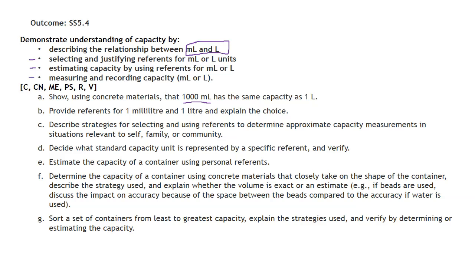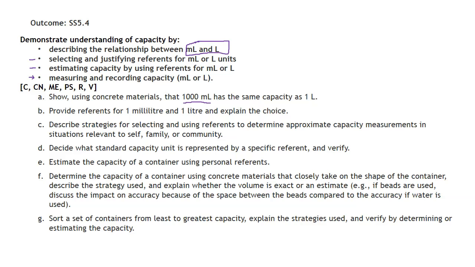And then lastly, if I gave you an object and said, please measure this capacity, you would be able to fill it up with water or milk or whatever and say it is exactly 417 milliliters. So you'd be able to measure some objects and determine the capacity of those.